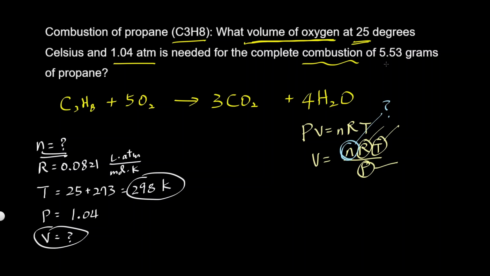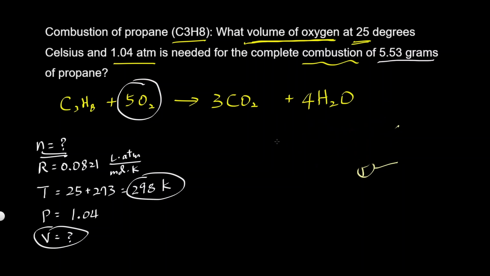How? Well, we'll start with 5.53 grams of propane, and we do stoichiometry to find the number of moles of oxygen. Let's do that. I use a different color for the stoichiometry portion. So let's start with what we have: 5.53 grams of propane. I'm just going to write "prop," short for propane. The molar mass for propane is 12 times 3, that's 36.